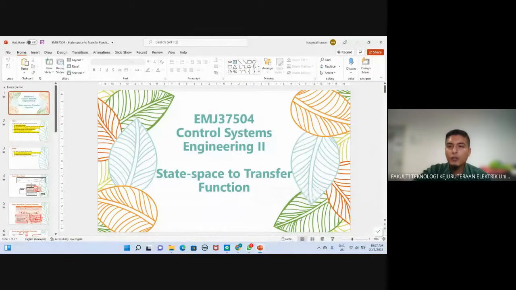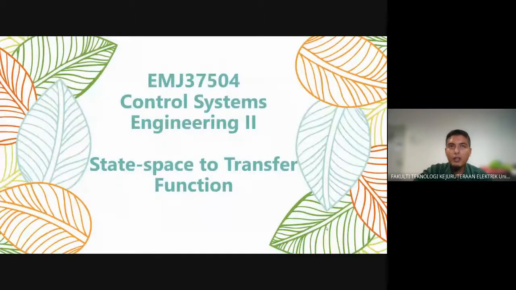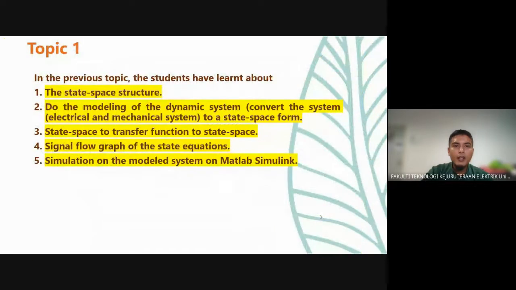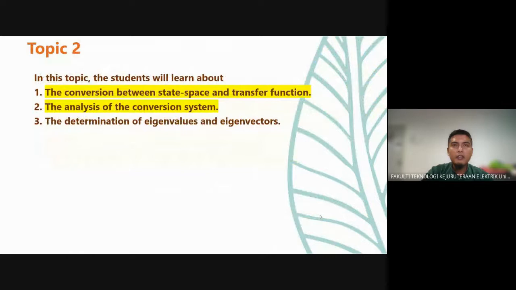During the previous weeks, the last topic covered is state space to transfer function, and this is the second topic for this course. In this topic, you already learned about the conversion between state space and transfer function and the analysis of the conversion system.